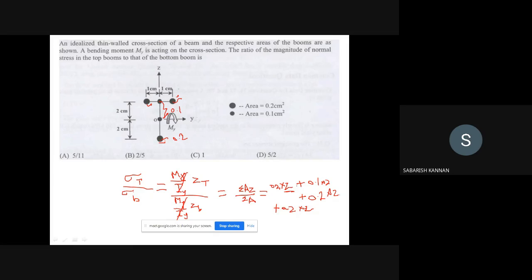These are the total areas and z values, divided by the summation of area. We have 5 booms. The 0.2 boom count is 3 and the 0.1 boom count is 2. So 0.1 into 2 plus 0.2 into 3, the total value is 0.8.